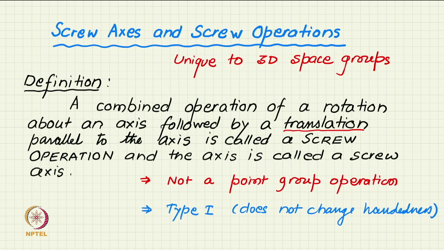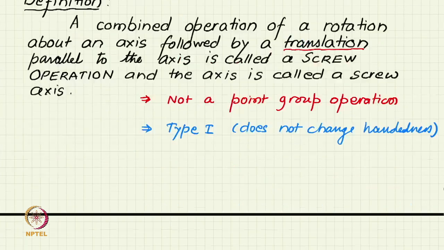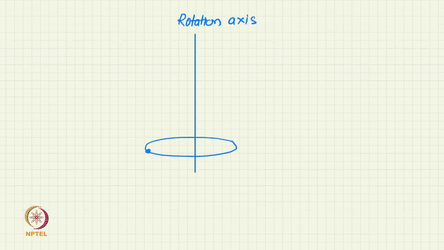So, let us see this geometrically. We have a rotation axis, and let me consider a point in a plane perpendicular to the rotation axis. When we talk of a screw motion, I will first rotate this by some angle theta.